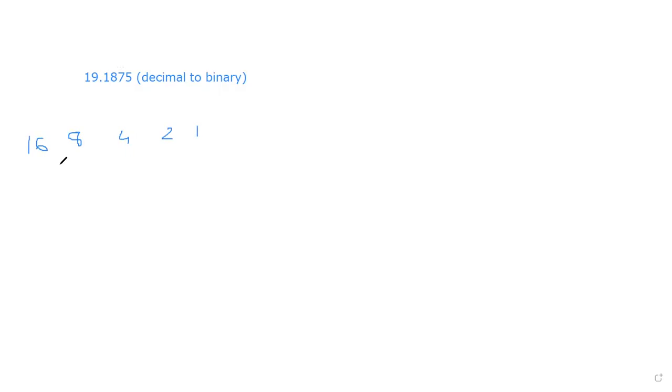And now we have got 16, 17, 18, 19. So this is 19, based on the place values. Now what are we supposed to do? We would get the exponent. What is the exponent? That's 1875.